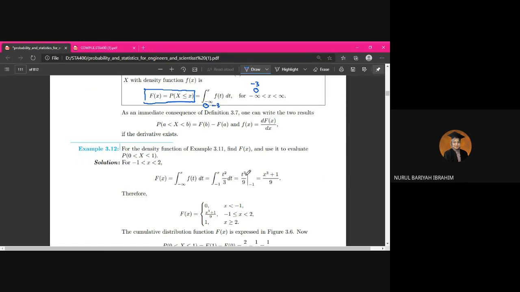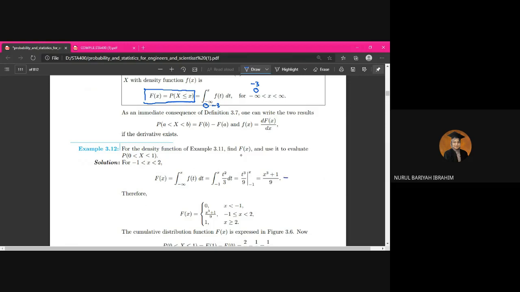So you will get t power of 3 divide dengan 3 multiply 3 tadi kan, akan dapat 9 from negative 1 and x. And then macam biasalah, first you kena replace the t here with x, and then minus dengan replace pula t here with negative 1.